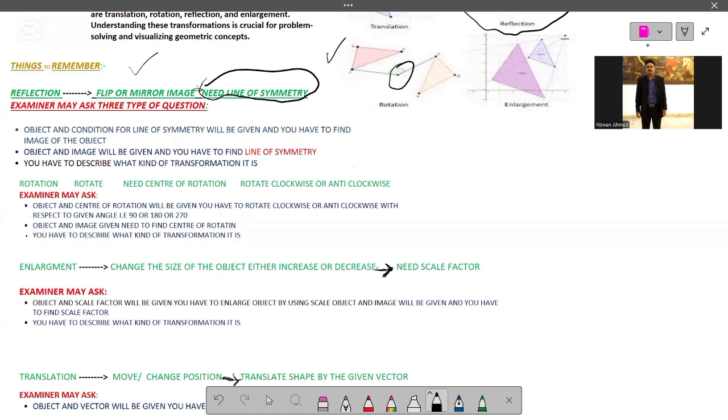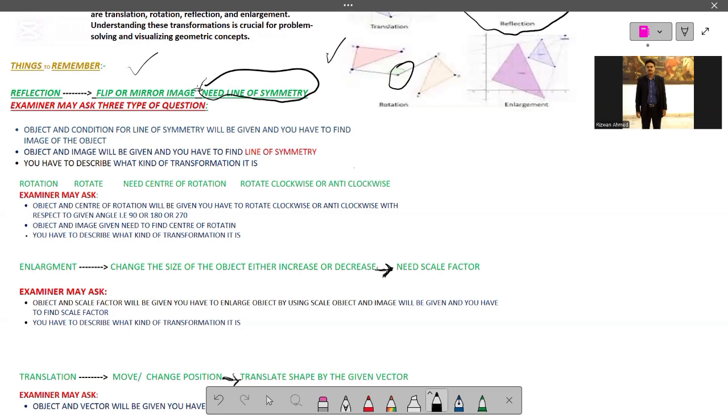This is very important. The object is given and the condition for the line of symmetry is given, for example y equals x, or y equals minus x. You have to draw a line, which is called the line of symmetry.